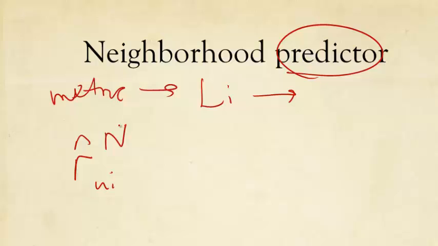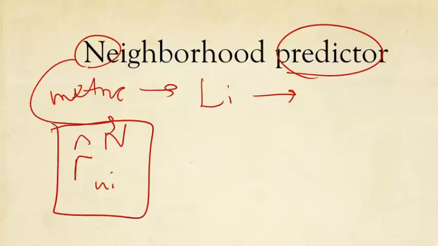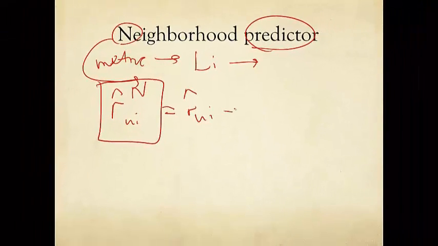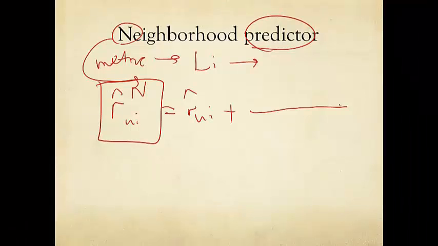This n does not mean the number of users or movies. It is a shorthand for neighborhood. So we want to find out what is R hat sub UI sup n. This is basically the original baseline predictor, now plus what we learned from these neighbors.